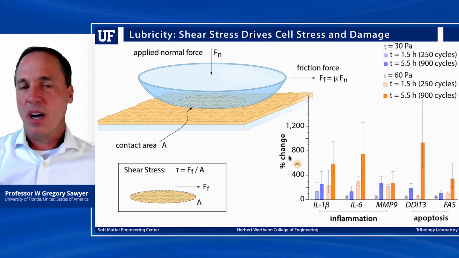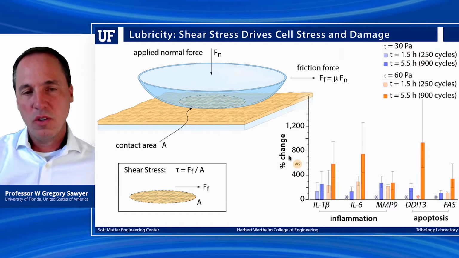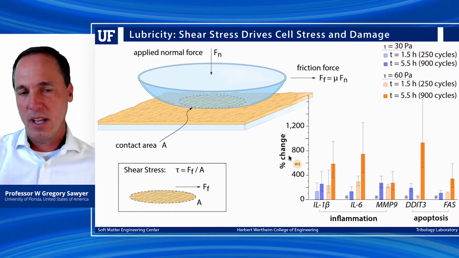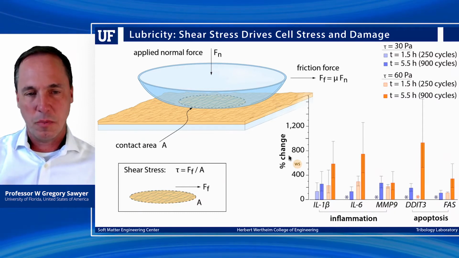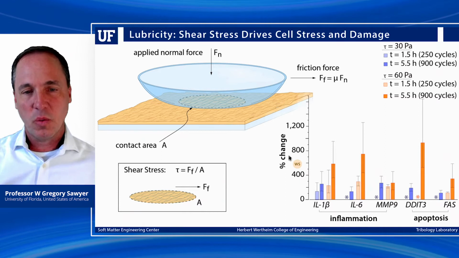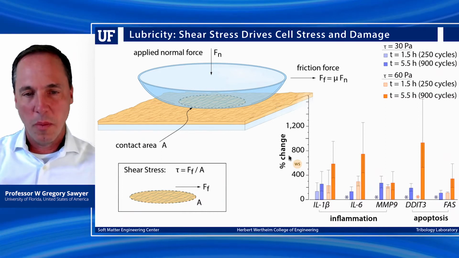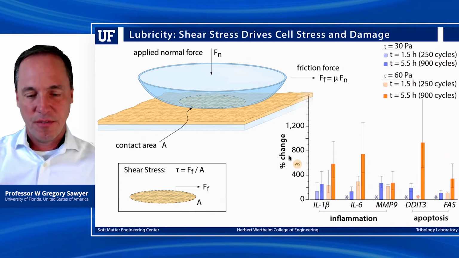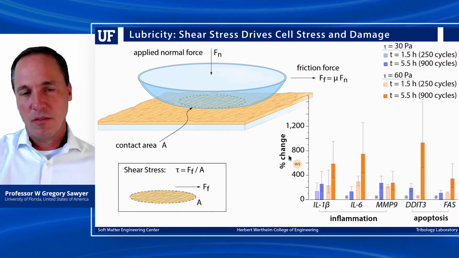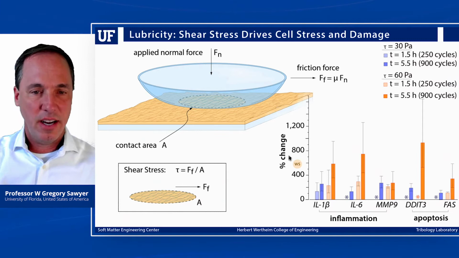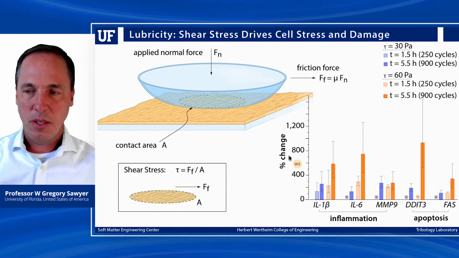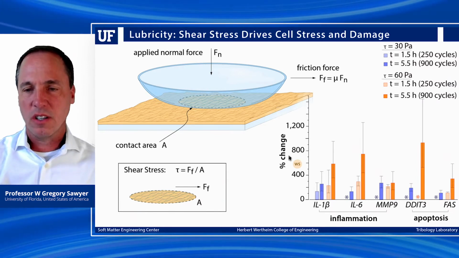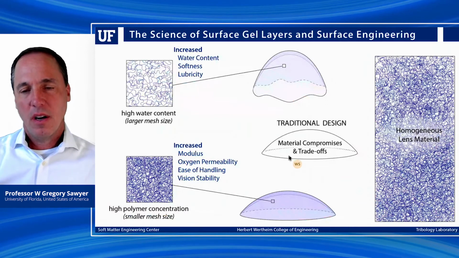So this is the deep dive that we're going to take. We're going to be using our tools in cell biology to understand the cellular response to measurements where we are going to probe how they respond to these lens surfaces under physiological levels of pressure, stress, sliding duration, and sliding speed. So let's talk a little bit about design.